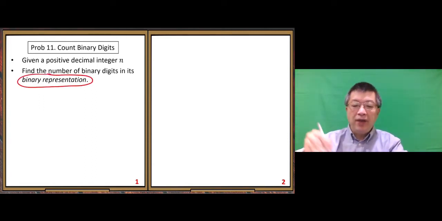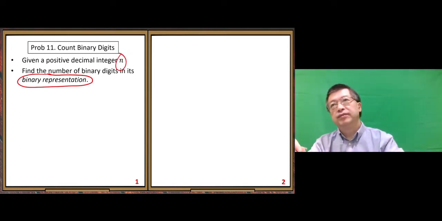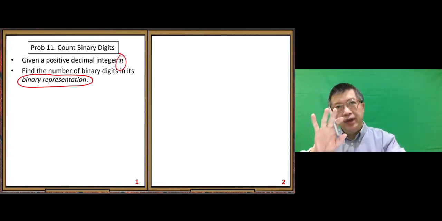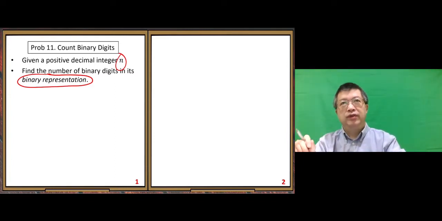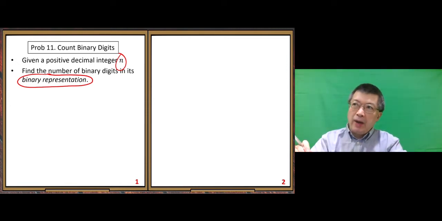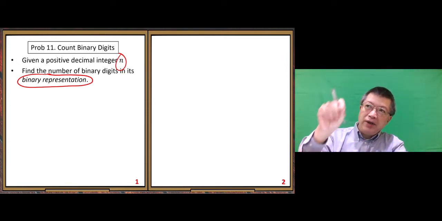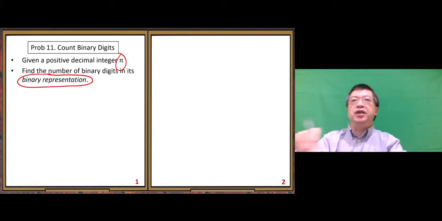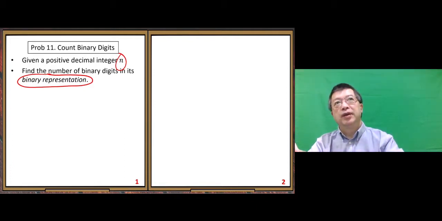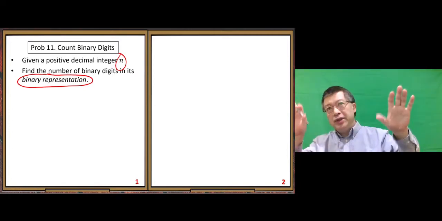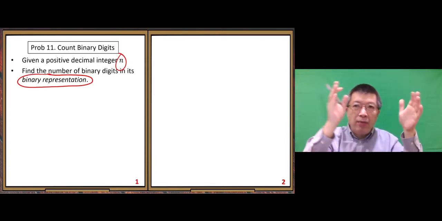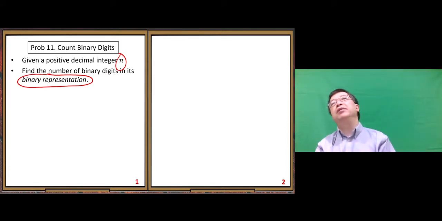We know we can write this n, the regular integer, the form we are familiar with, but now we would like to write it in the binary representation. I think you know the binary representation. After we write it in binary representation, then you count the number of bits in your binary representation.